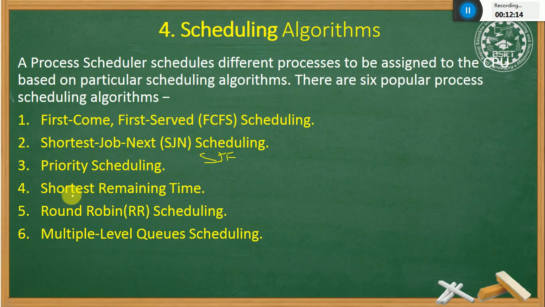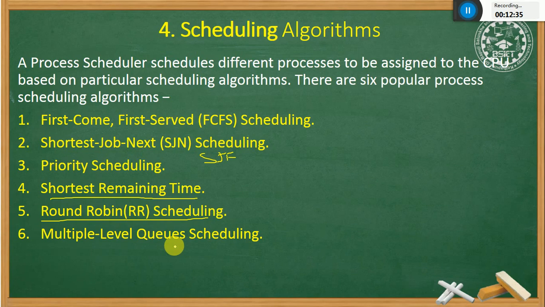It has another variant, shortest job next, also. Then priority scheduling. Then the shortest remaining time first algorithm. Then the very famous round robin algorithm. Last, the multi-level queue scheduling algorithm. So these are the 6 algorithms we are going to discuss.